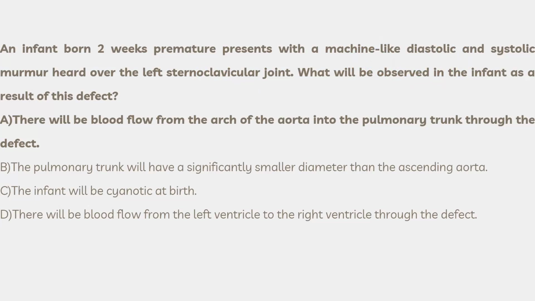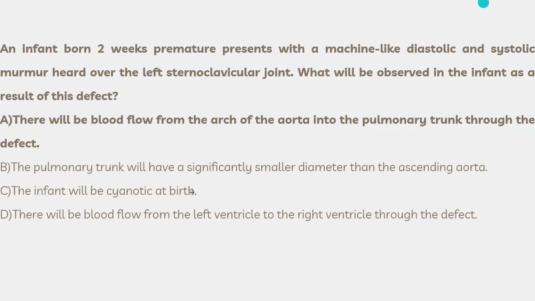So the left ventricle will try to eject blood into the aorta as hard as it can, and then blood will keep seeping through this defect back into the pulmonary trunk. It's kind of like a car trying to start up, but it keeps failing. That's why it sounds like a machine.